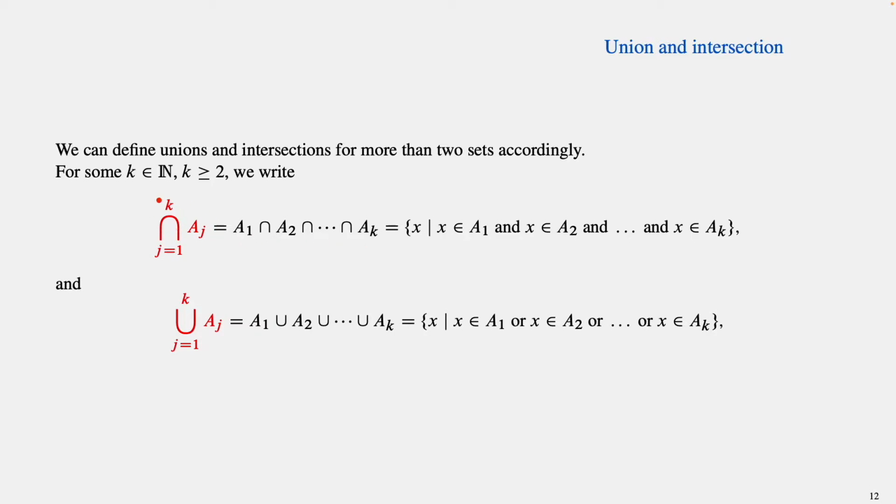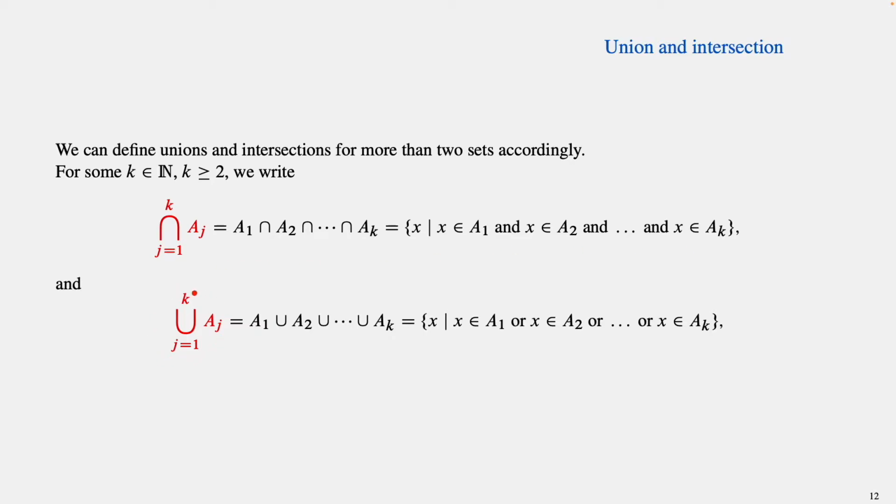So this notation basically means the same as this one here. And that means we have the set of all x, such that x is in the first set and in the second set and so on. And finally x is also in the last set, the kth set.